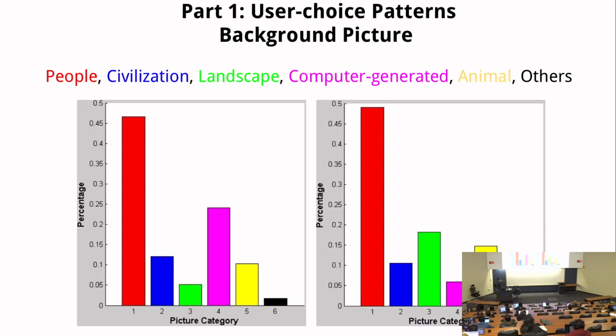In dataset 1, they actually chose a picture, and you can see almost 45% of people always choose a picture of people as a background.